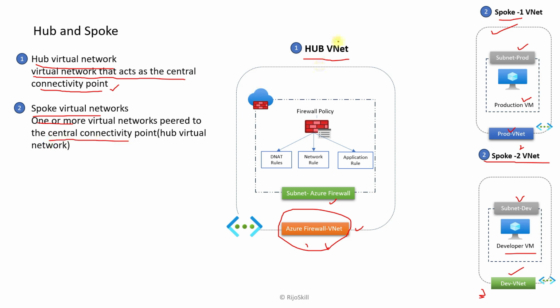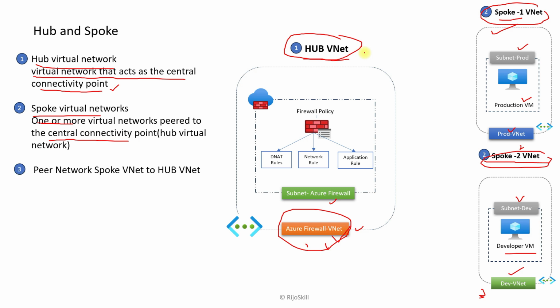Here our central connectivity is the Azure Firewall VNet. So we need to peer the spoke VNets to the hub VNet: the production VNet to our hub VNet, and also the development VNet to our hub VNet.